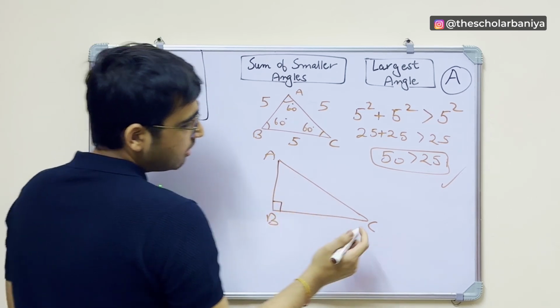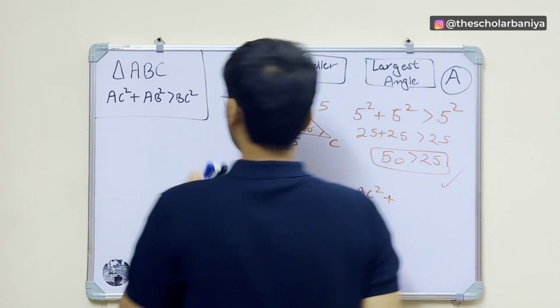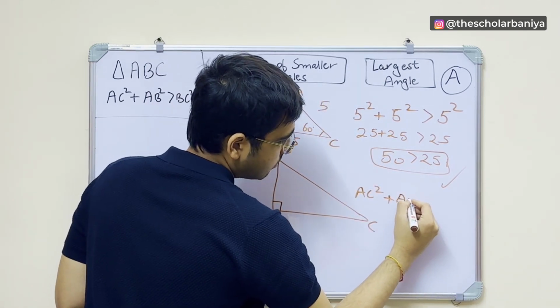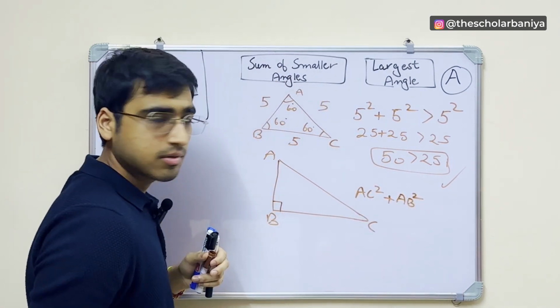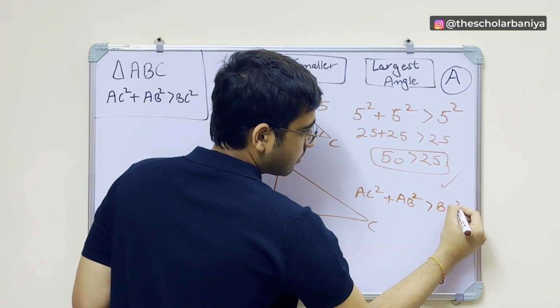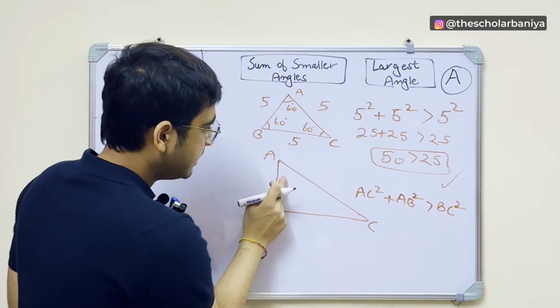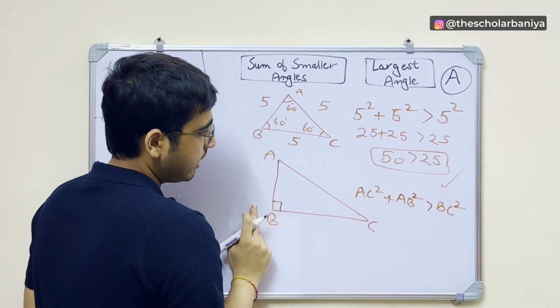So AC square plus AB square is greater than BC square. What do you think? Is this true?